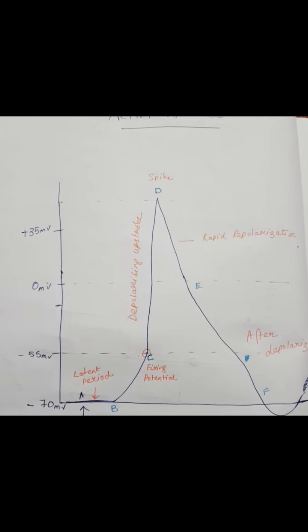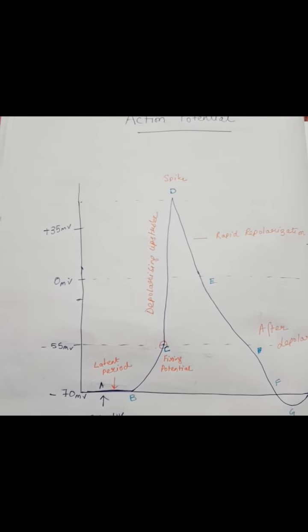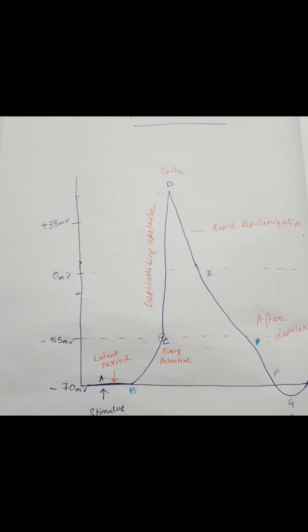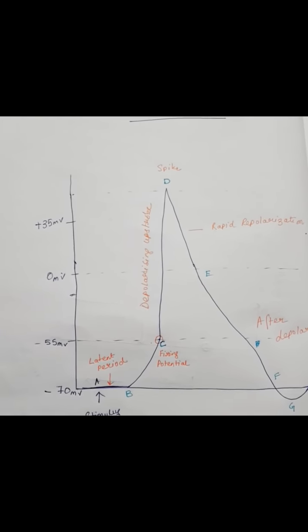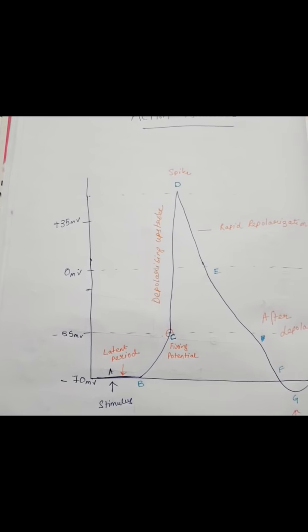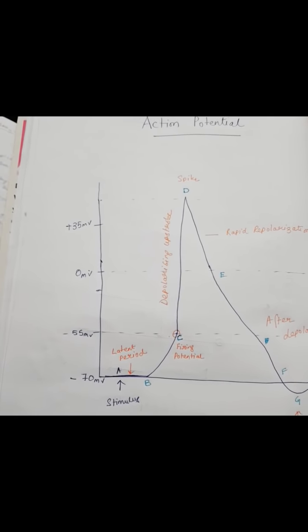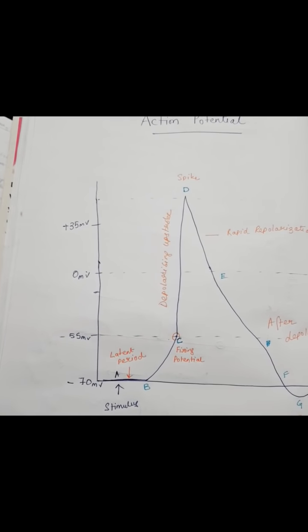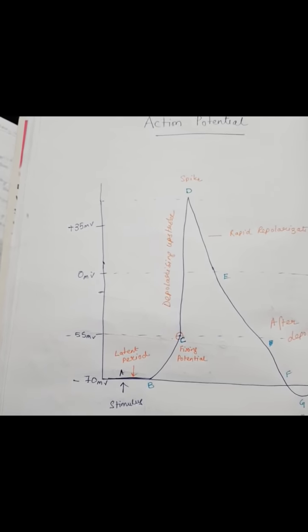Okay, now it basically starts from the point of stimulus and is propagated along the membrane at a constant speed and amplitude as long as the other conditions, that is the ionic concentration and temperature, remain the same.